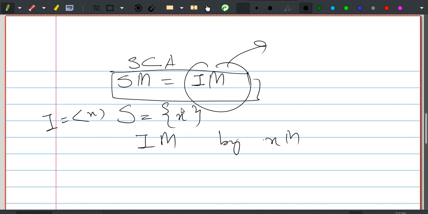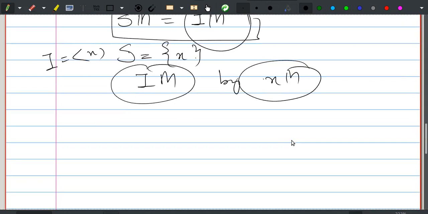So if this S is a singleton, then in place of IM we write xM. So this was about the product.